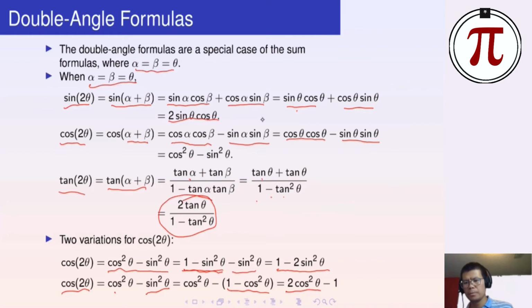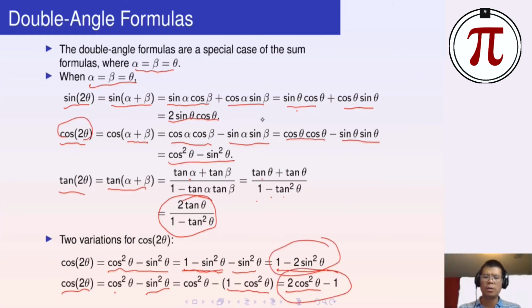Make sense? They're exactly the same due to the Pythagorean identity. And tangent 2 theta is 2 tangent theta over 1 minus tangent squared theta.